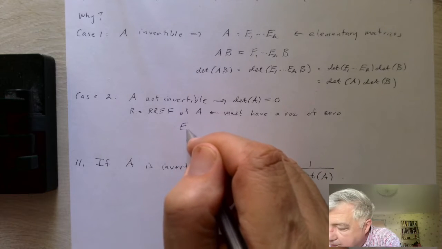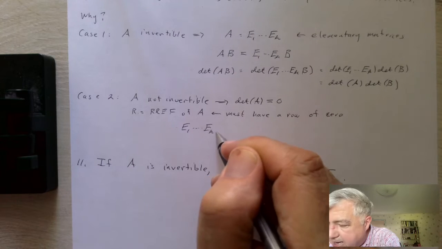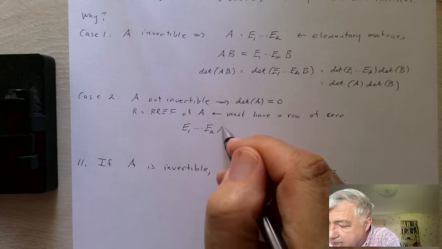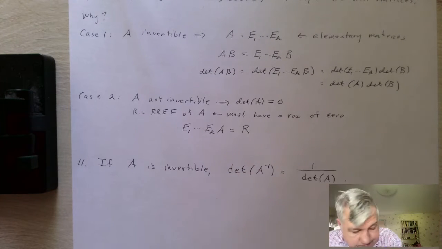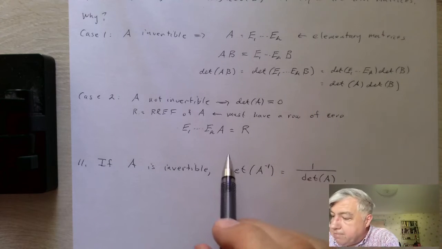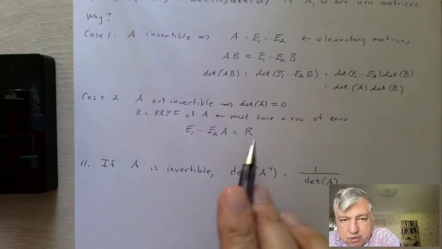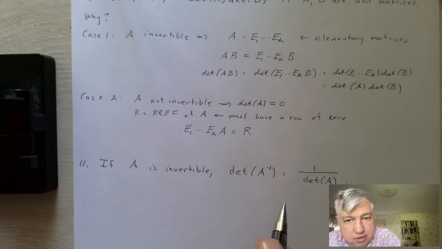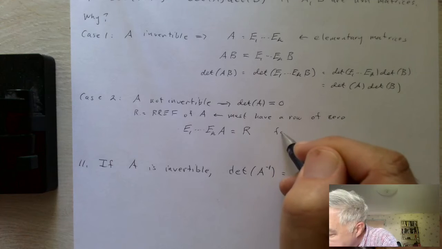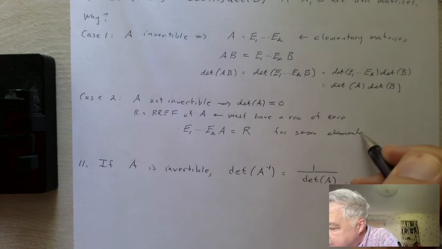So there are elementary matrices E1 through EK such that E1 through EK times A is equal to R, where these E's are not going to be the same as the E's up here, because these are separate cases, for some elementary matrices.